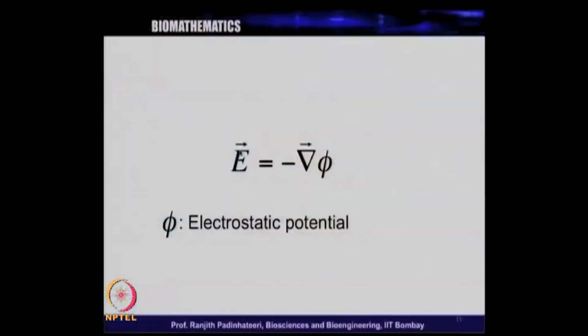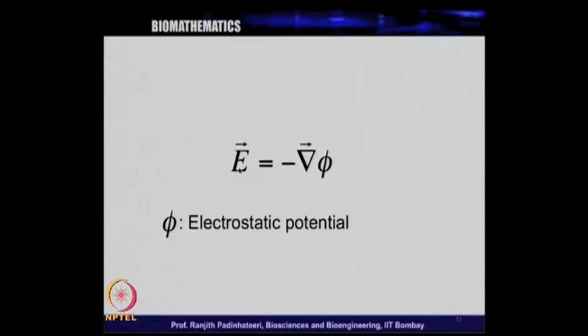We just have to remember that electric field is minus del phi, where phi is the electrostatic potential. This is another vector relation. E is a vector and del is a vector, and phi is a scalar, like energy is a scalar. This is just like force being the derivative of energy, something equivalent of that here.